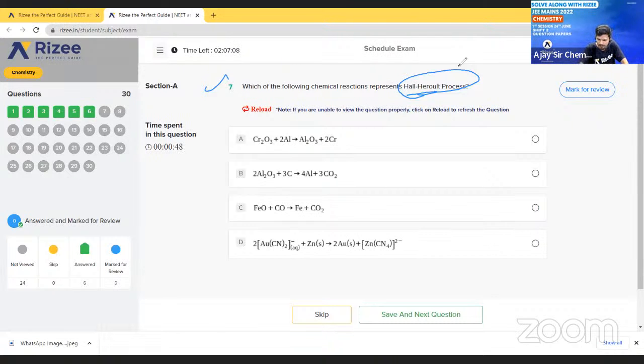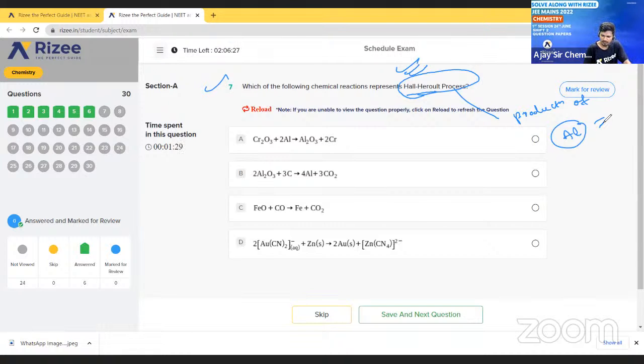Very simple. Tell me what is the related equation for the production of aluminium. This chemical reaction represents the Hall-Heroult process. Generally we use this process for the production of aluminium. See here, in which reaction is there aluminium?